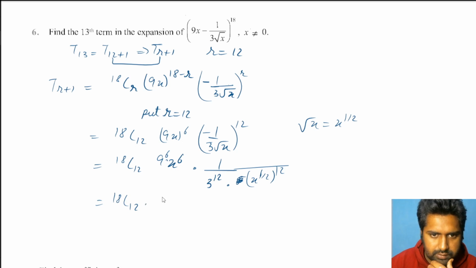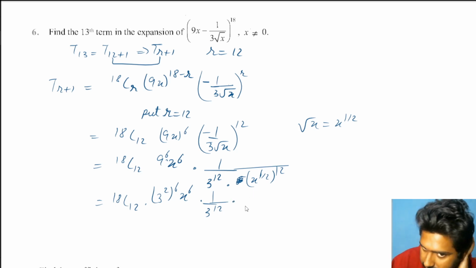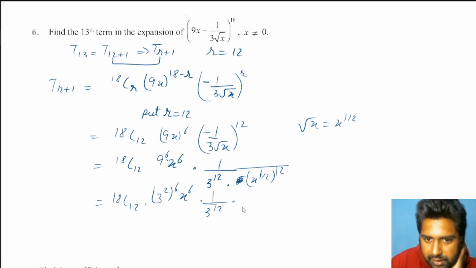18C12. Rewrite 9 as 3 raised to power 2. So 3 raised to power 2, raised to power 6, x raised to power 6. Denominator is 3 raised to power 12. Power raised to power, you will multiply, so in the denominator you will get x raised to power 6.